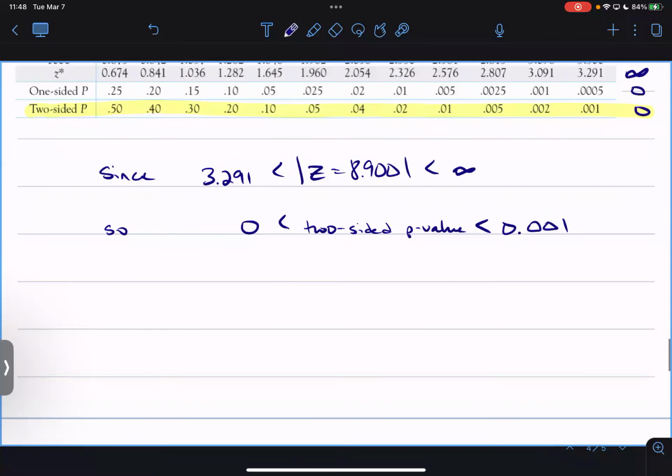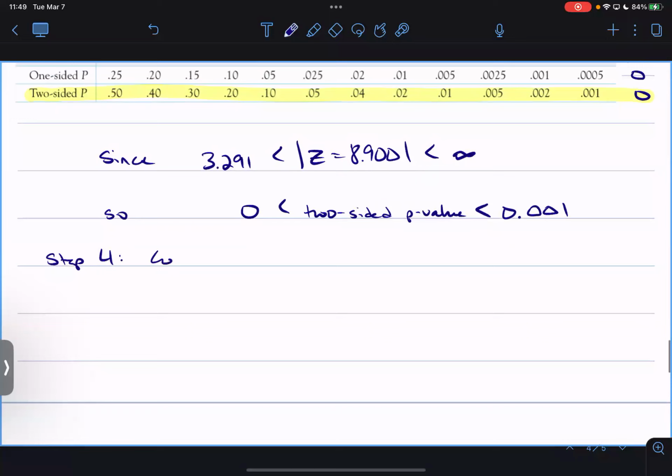All right, so that's the p-value, right? Or you can use software, right? So step 4 is your conclusion. Can I squeeze it in on this one line? And I'm going to say, recall that alpha is 0.01 from the question.